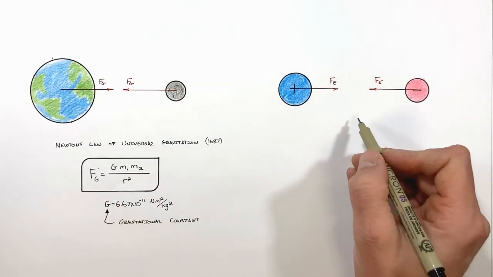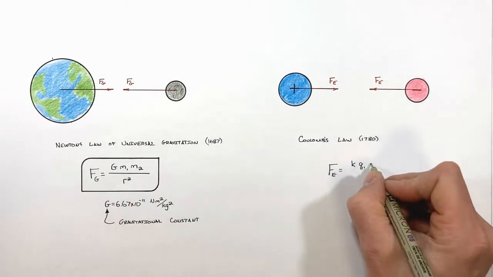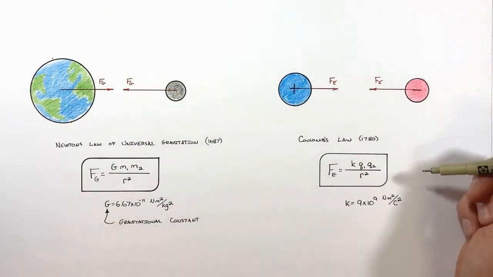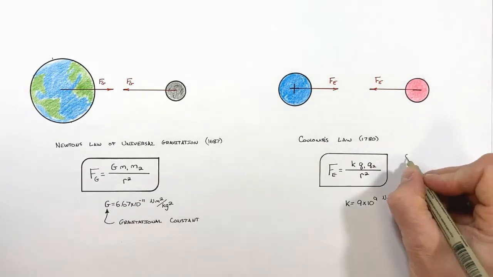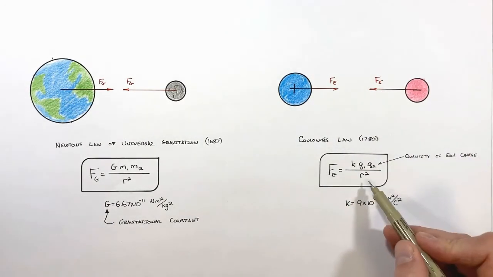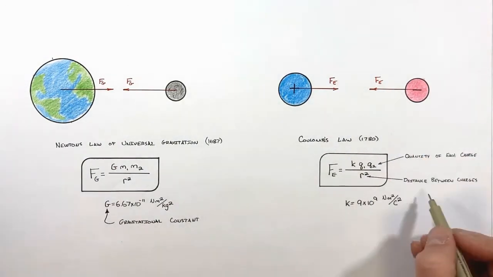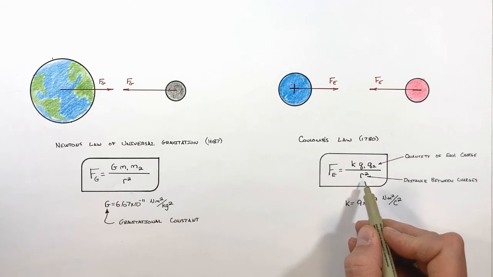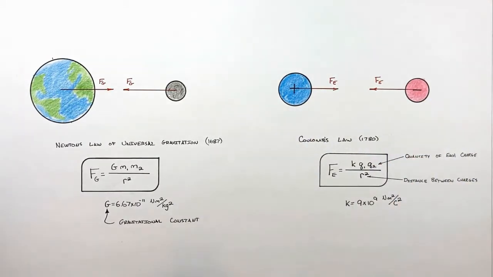And in taking a look at the electric force, we see an almost identical equation. This equation, which was developed by Charles Coulomb in the 1780s, relates the electric force between two charges to the quantity of charge which each charge has, to the distance between each charge, where the distance between each charge is what we call the radius, even though it's actually the center to center distance of each charge.